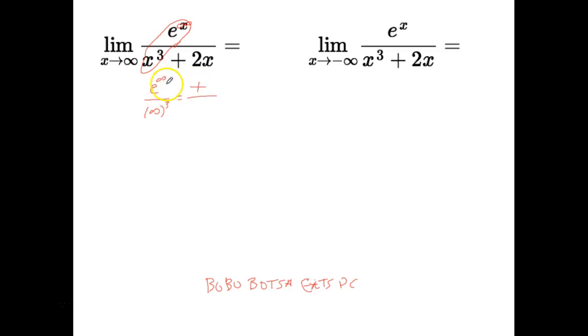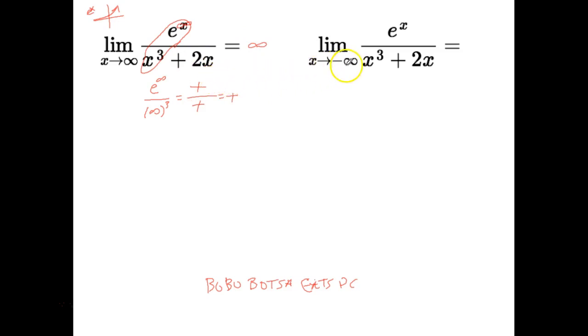E to the anything is positive, and if you think about it, it's just because of its graph. This graph looks like this. So e to the anything is always positive. So this is going to be positive. A positive cubed is positive. So this is going to a positive, which is positive infinity. Okay, and there's the answer to that one.